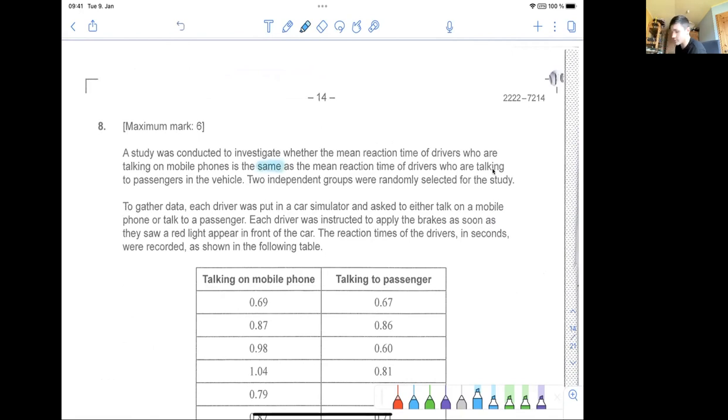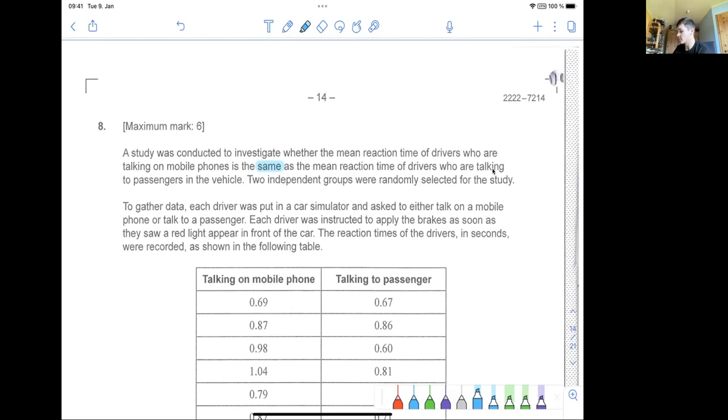Okay, so I know it's obviously a very small word, but that's a critical bit of information in order to answer part A, to state the alternative hypothesis. Now, the other options here could be whether the mean reaction time of drivers who are talking on mobile phones is less than or more than the other, and that would give us a different alternative hypothesis.